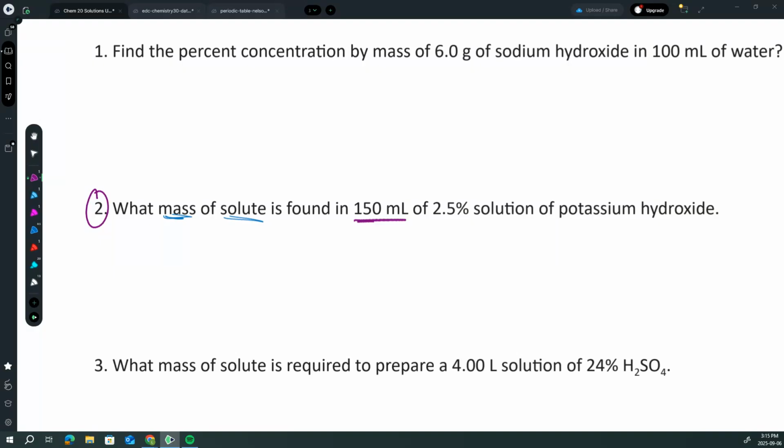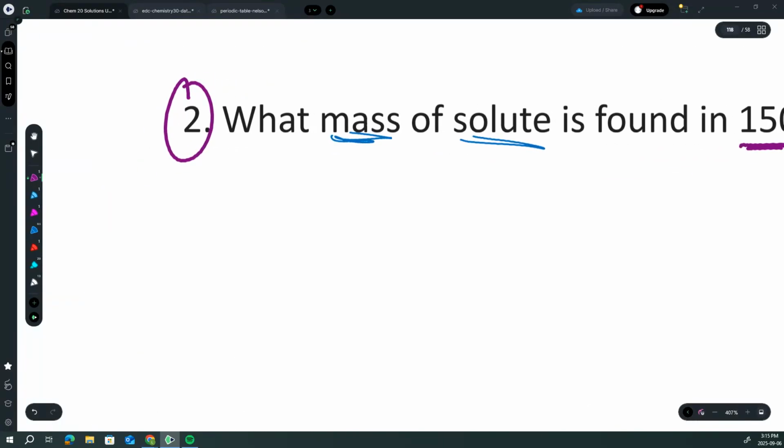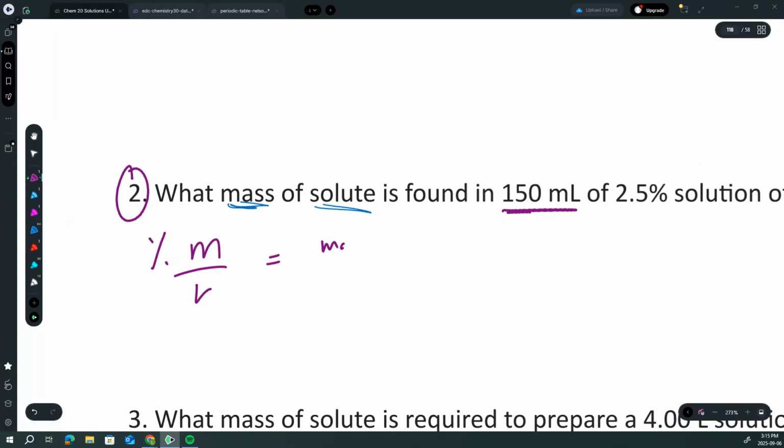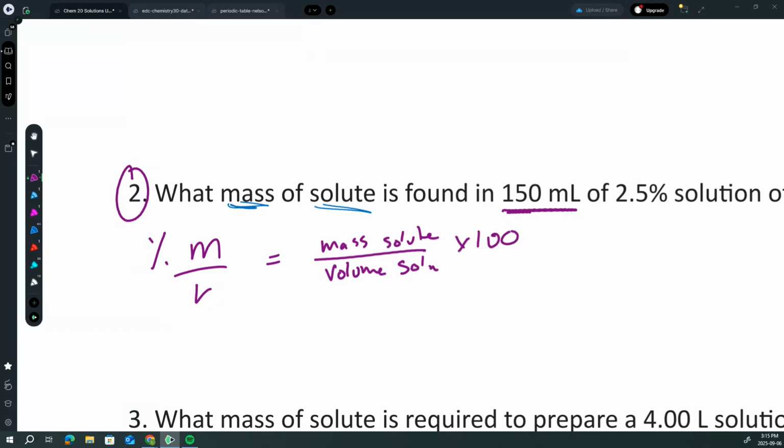Since they're talking about mass and volume, this is a percent mass by volume question. So we have our mass of solute divided by the volume of our solution times 100.